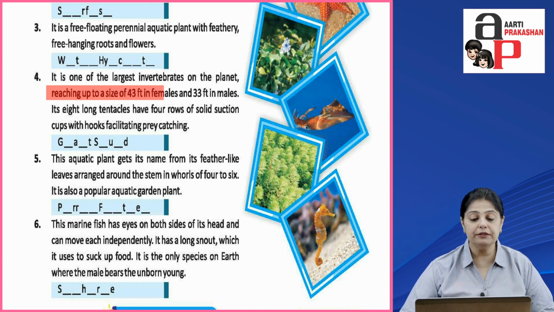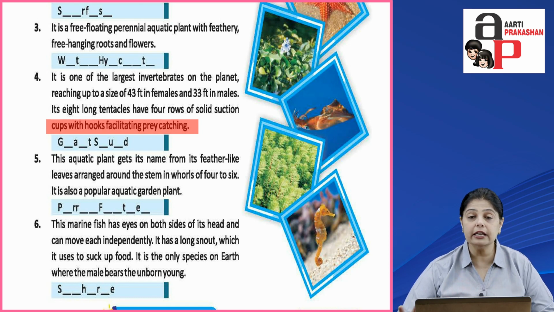Now, it is one of the largest invertebrates on the planet, reaching up to a size of 43 feet in females and 33 feet in males. Its 8 long tentacles have 4 rows of solid suction cups with hooks, facilitating prey catching. So, which is this? It's like an invertebrate on the planet. So now, what is it called?